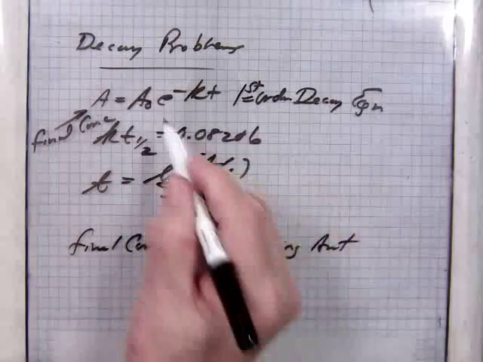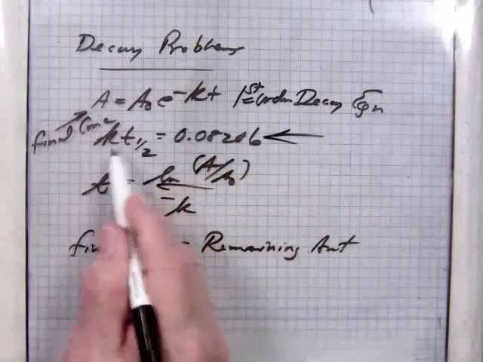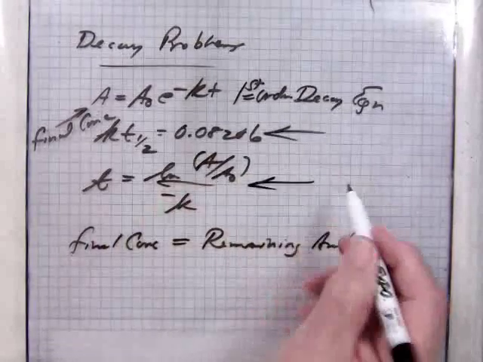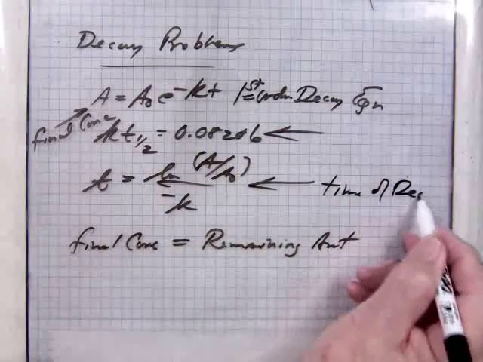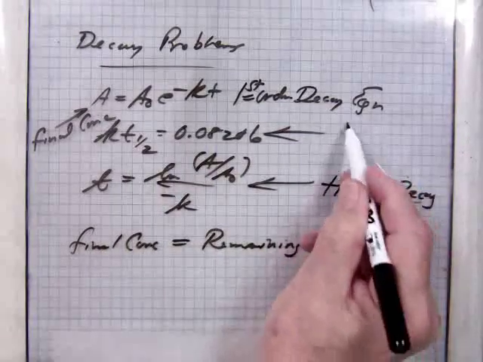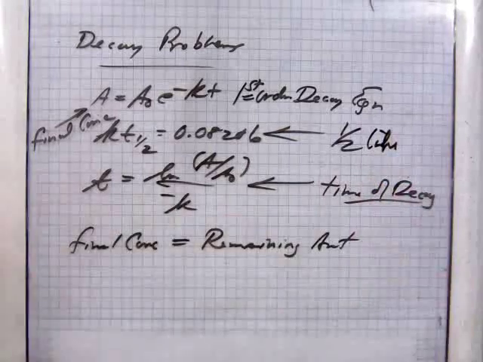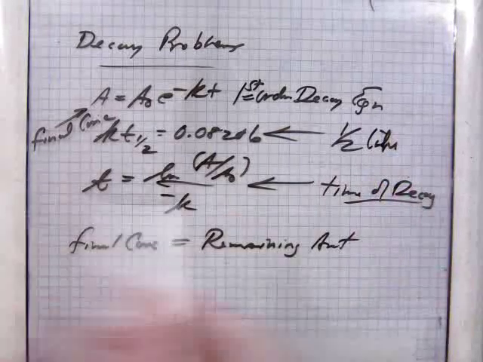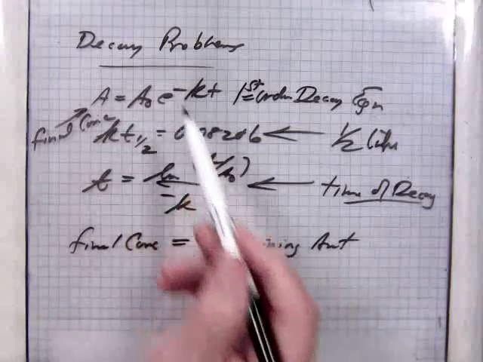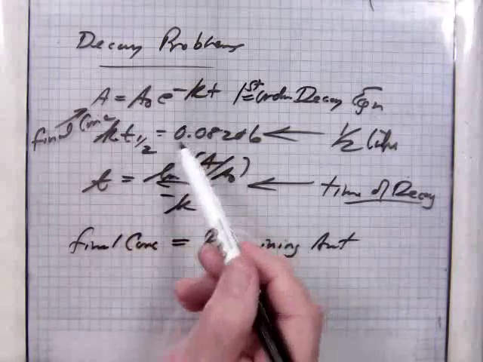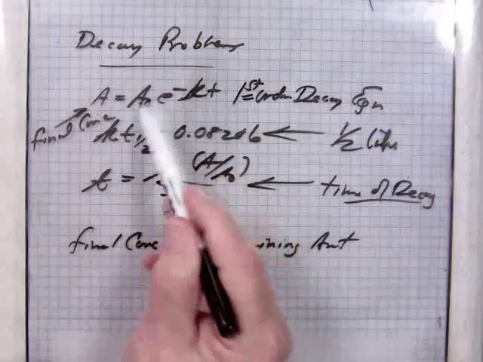This equation, time factor, is based on a half-life. This one is time of decay, different from the half-life time. So one type of problem is they give you a half-life and ask you something where you have to use the decay equation.